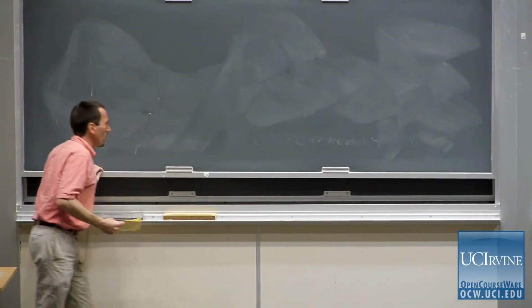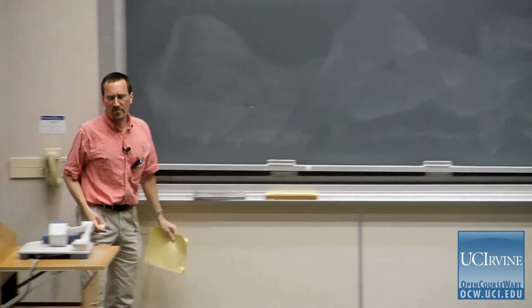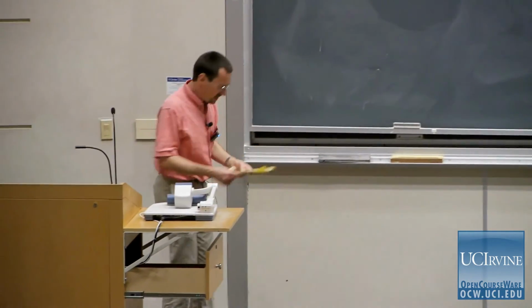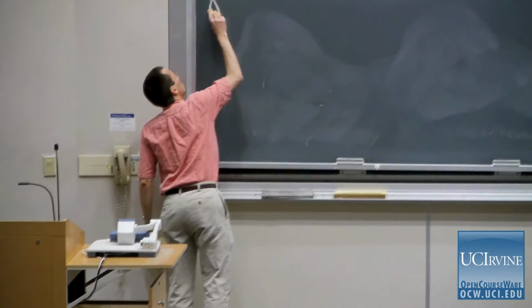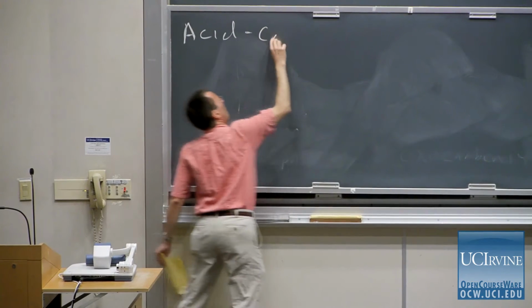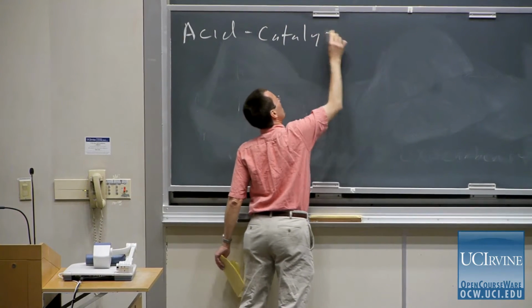So what we're going to do, and this is going to be an archetype for all the other mechanisms we see today, is write out the acid-catalyzed mechanism of addition of water.